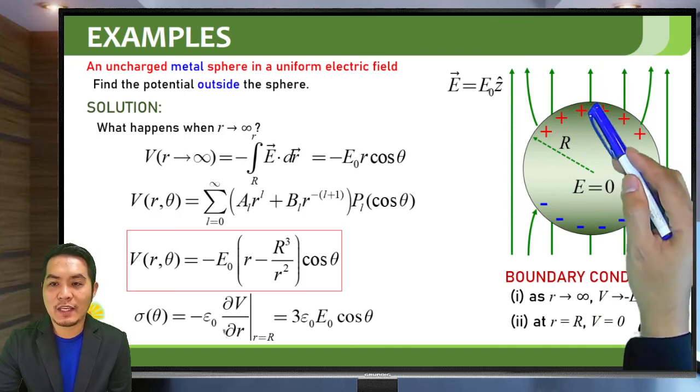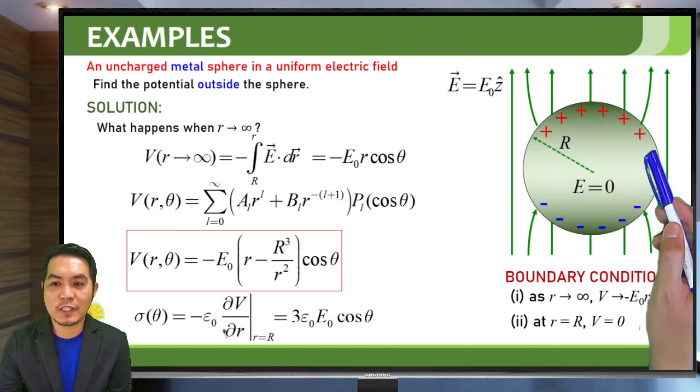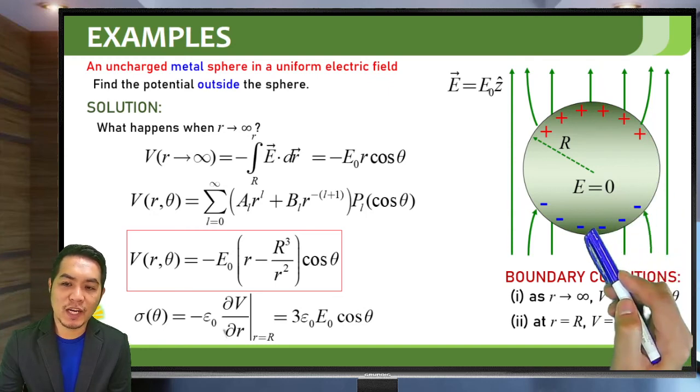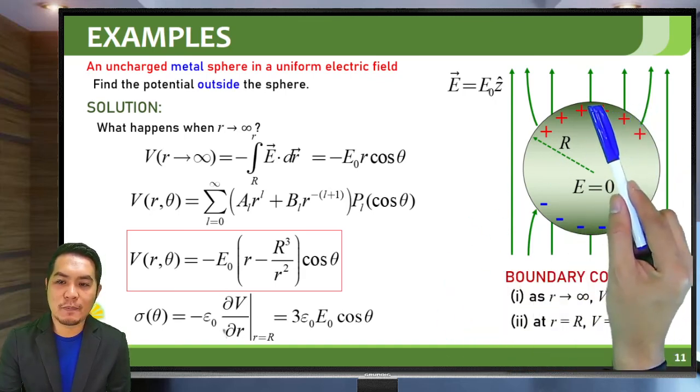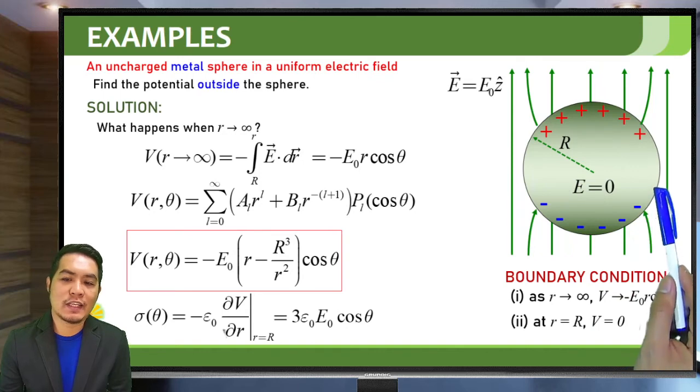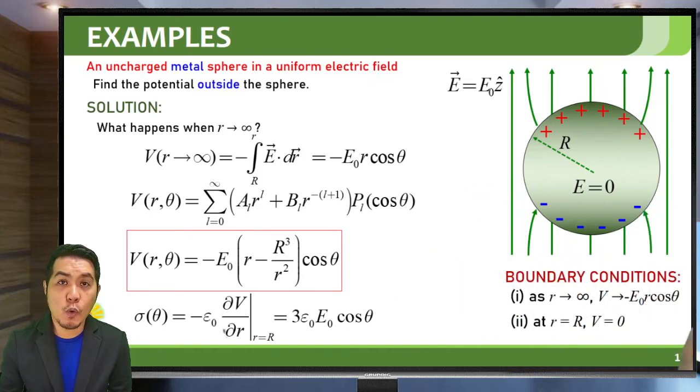So from 0 to pi over 2, it's positive. From pi over 2 to pi, it's negative. That explains the charge distribution here. So you will get a positive charge on the upper hemisphere and a negative charge distribution on the lower hemisphere.